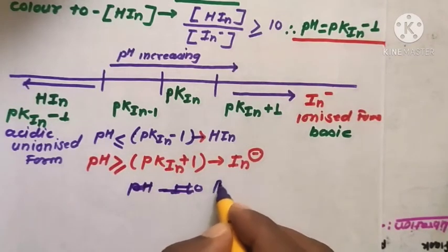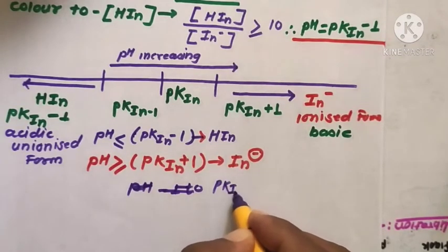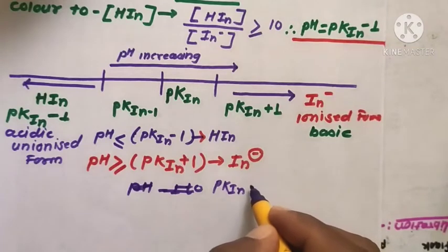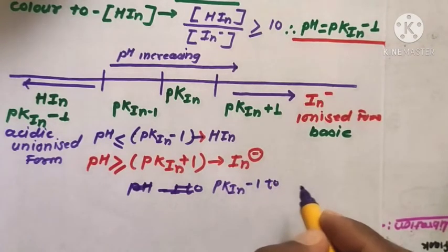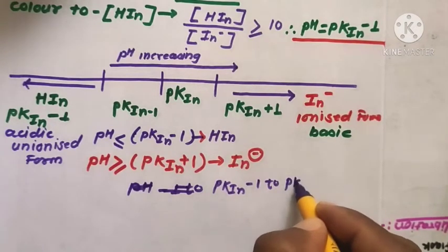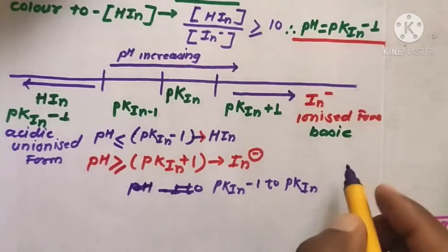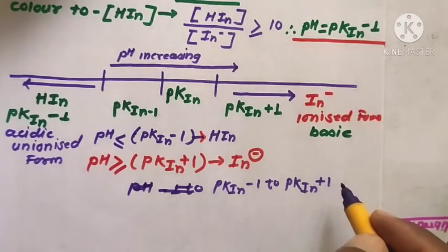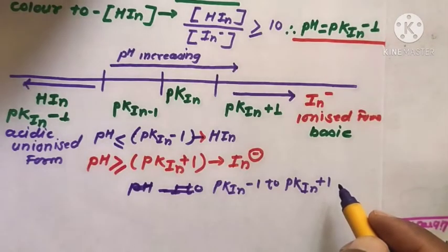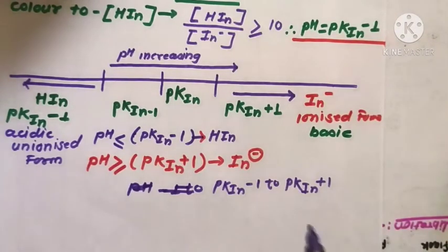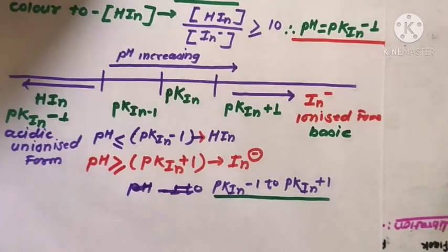For the pH range pKin minus 1 to pKin plus 1, the mixed color, that is the color mixture due to both forms, will be observed.